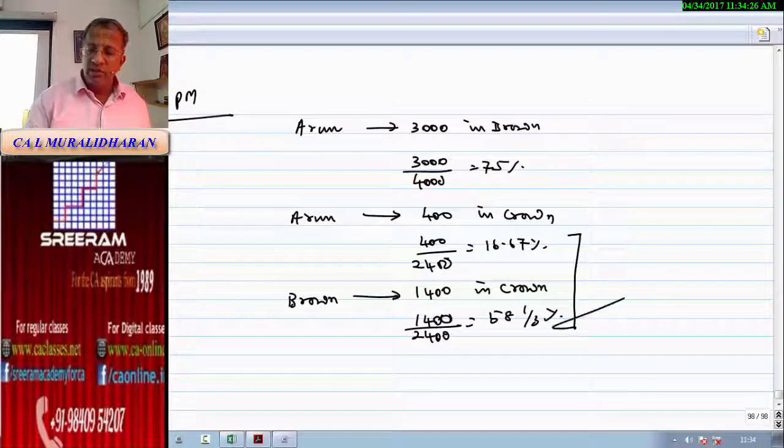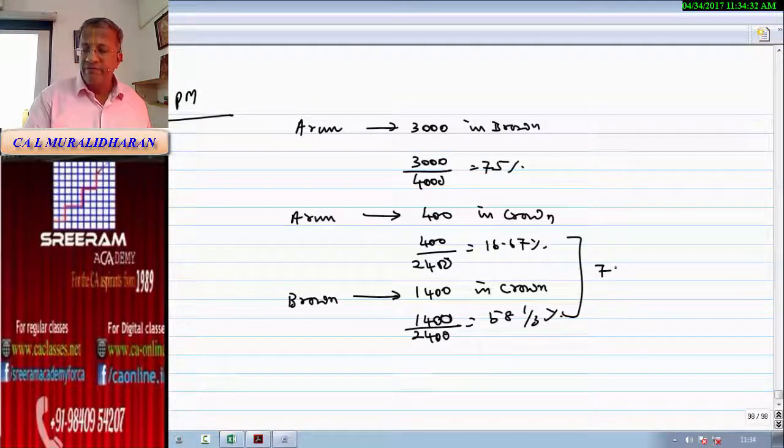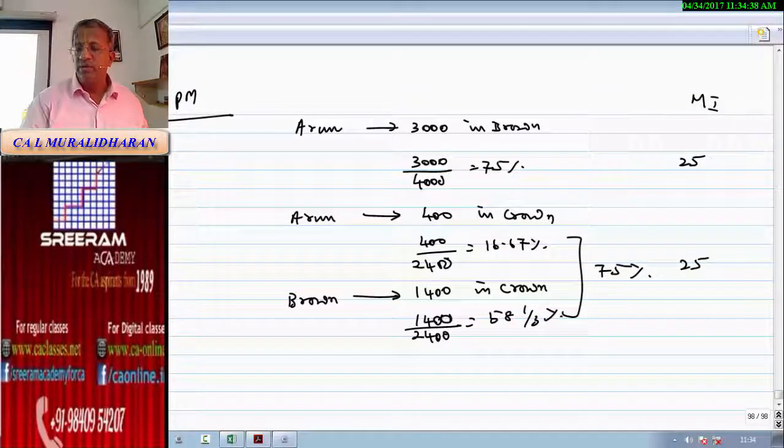Both put together in Crown hold 75%, and minority interest in both the cases will be 25%.